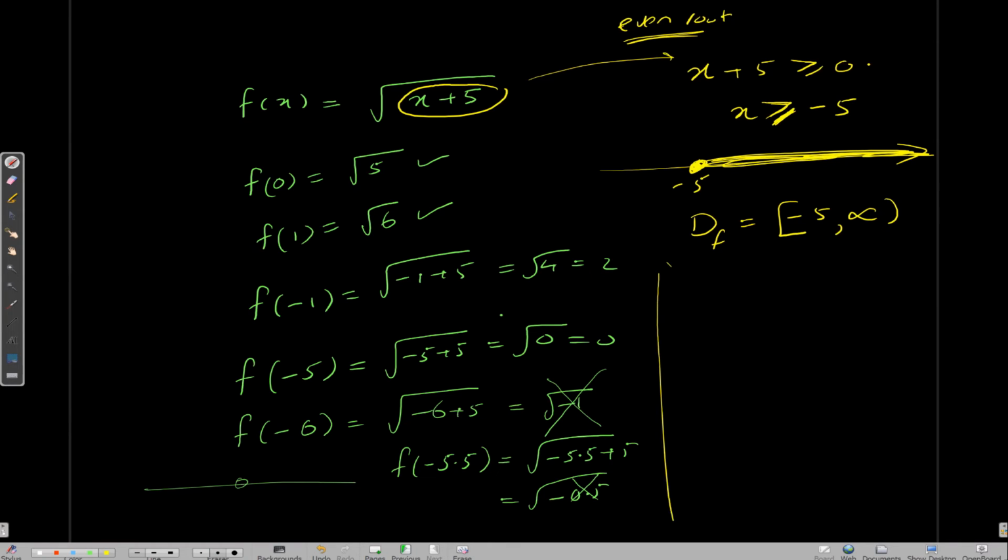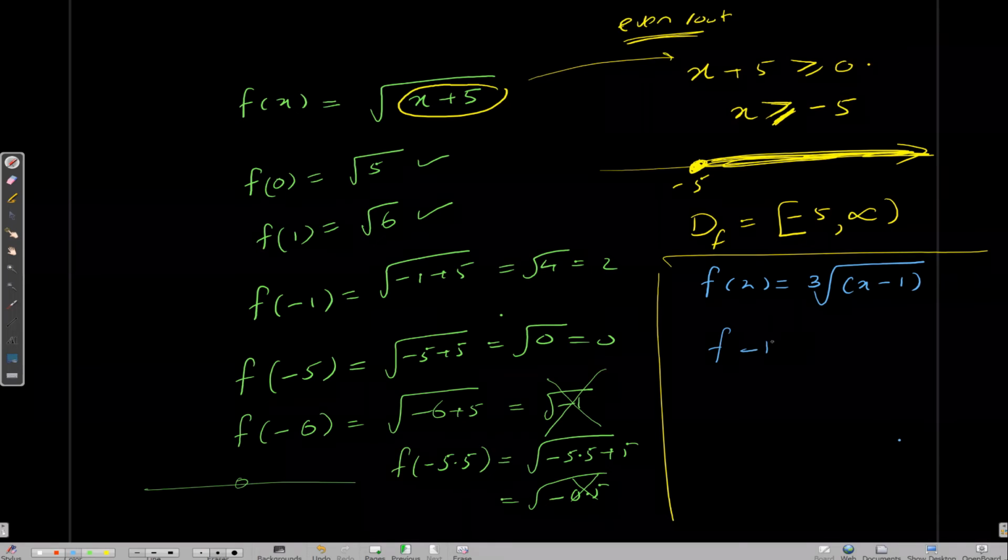Now how about an odd root? F of x, let's say 3. When you put 3 here, x minus 1, that means we are talking about the 1/3 power of x minus 1. For example, let's say f of -1.